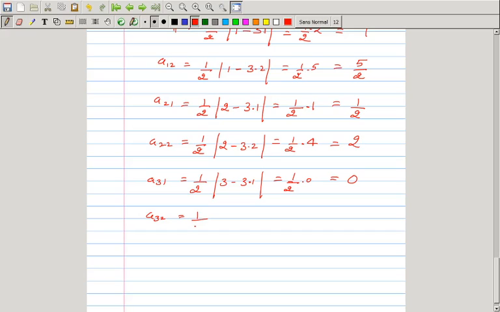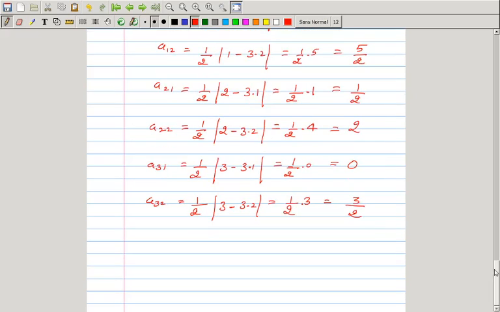So half modulus of 3 minus 3 into 2, that is half into 3, so this is 3 by 2.